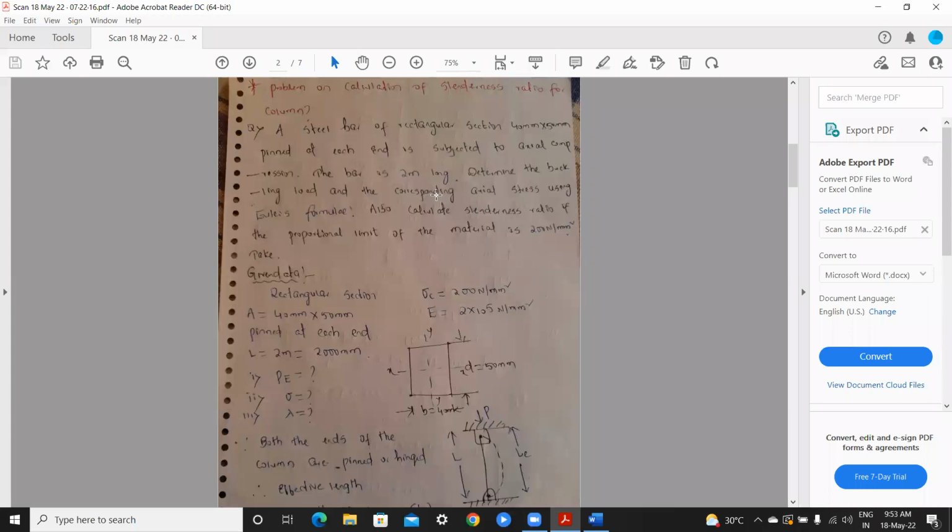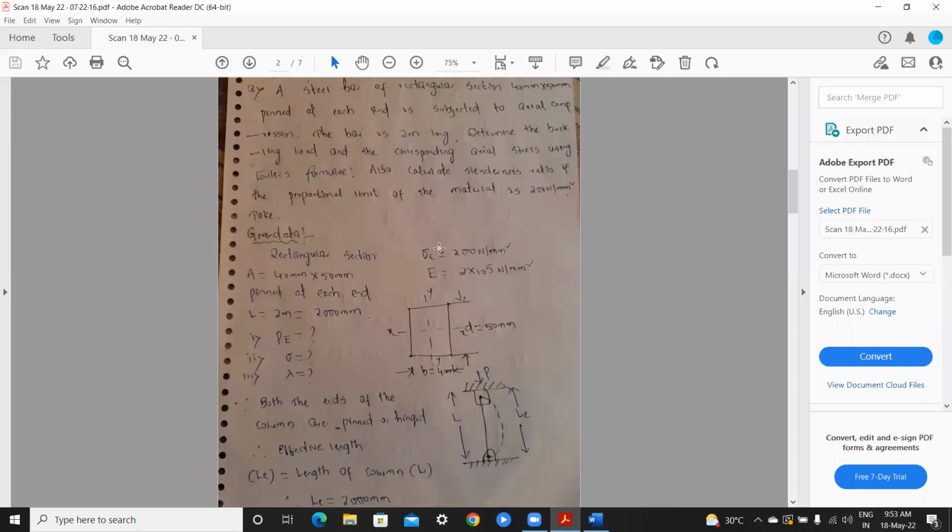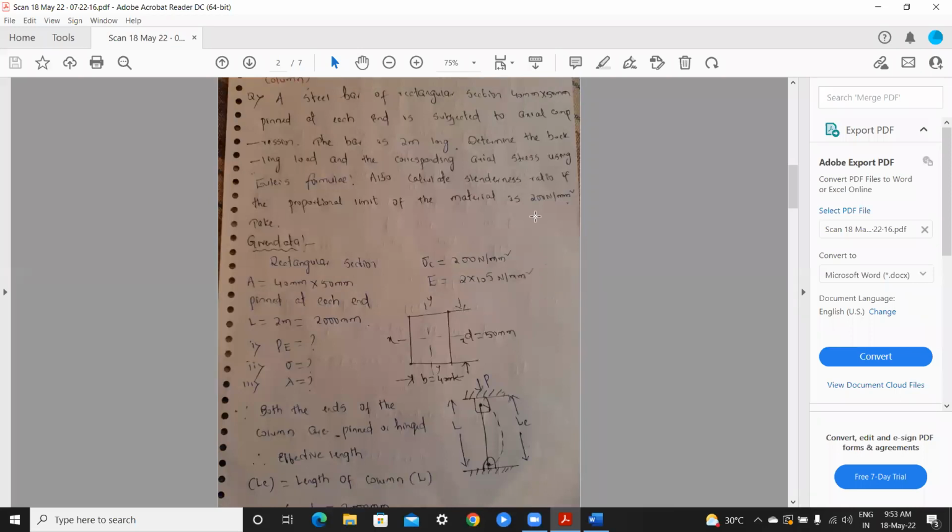square. So you can see the given data: rectangular section area is 40 mm into 50 mm, and they gave the proportionality limit of the material, sigma c, meaning stress is 200 Newton per mm square.